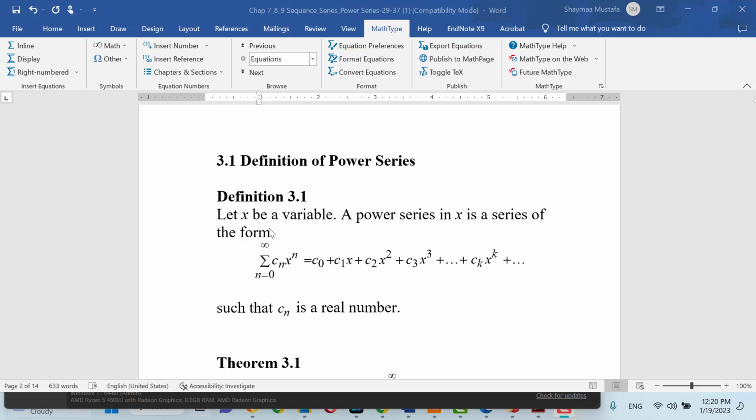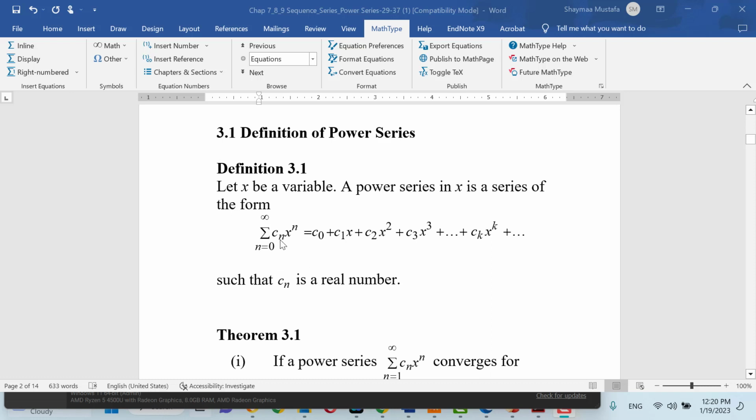Any series with this form, an infinite polynomial form, we call a power series. Here c0, c1, c2, c3 until ck are real numbers. x, x squared, x cubed are the variables.